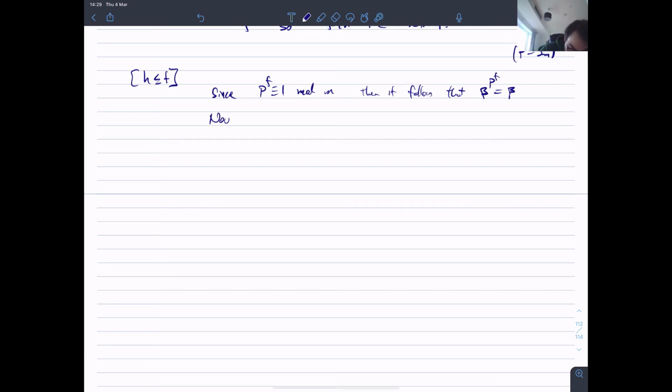Now, note that by Frobenius's theorem, you have (x plus y) to the p to the f. This is congruent to x to the p to the f plus y to the p to the f mod p.